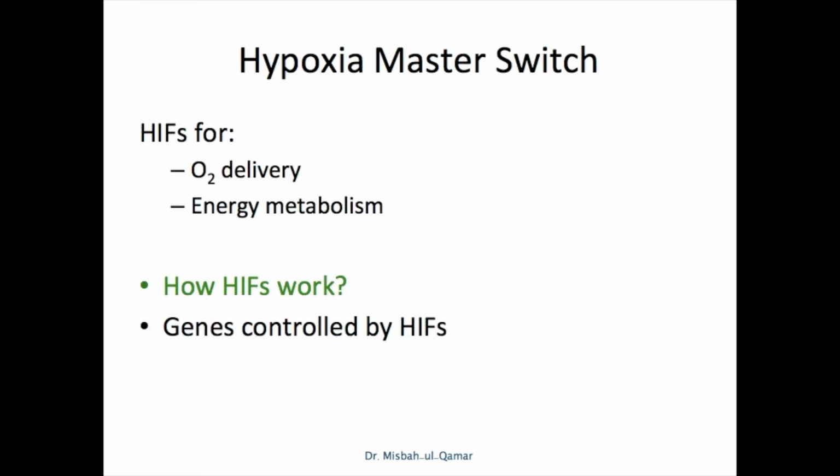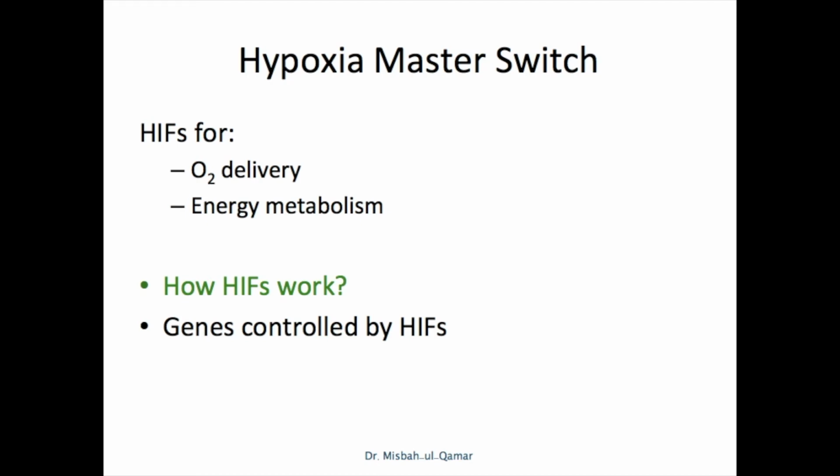Right. So now don't forget the master switch to hypoxia, which are the hypoxia inducible factors. These hypoxia inducible factors are found in all oxygen breathing species, and they actually are DNA binding transcription factors. Now, what do they do? They activate several genes that encode proteins which are needed for adequate oxygen delivery and energy metabolism.